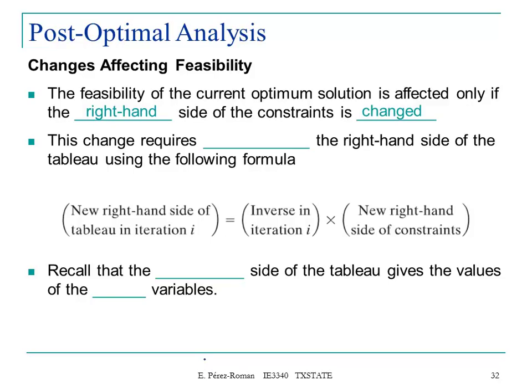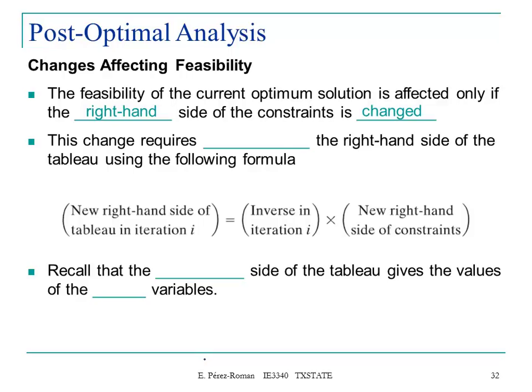The feasibility of the optimal solution is affected only if you change the availability of your resource. If you go from 100 hours of one resource to 0, you know that the solution would be affected, and your current optimal solution might not be feasible anymore.